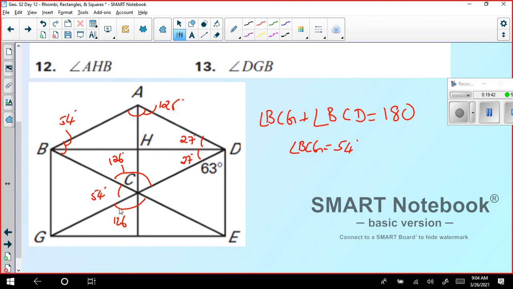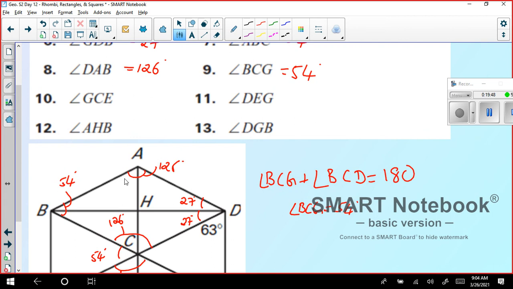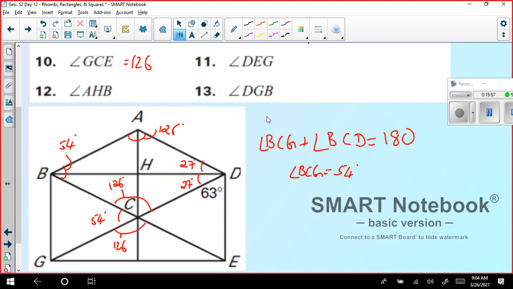This whole angle, not just this portion, is 126. Next, angle DEG is quite simple, because it's a rectangle, all the angles are 90 degrees, so I can say this is 90 degrees.